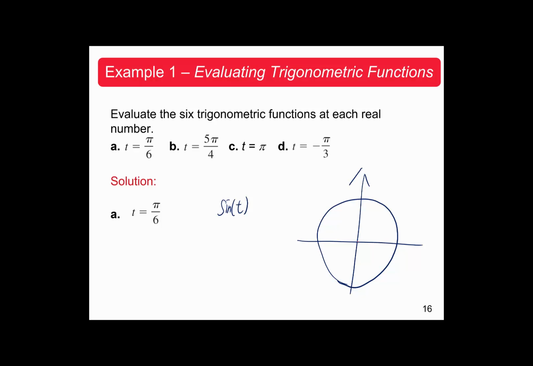Pi over 6, if you turn it into a degree measurement, is a 30-degree angle. So we're looking at this angle right here, the 30-degree angle. And we want to find sine t, cosine t, tangent, cotangent, secant, cosecant.